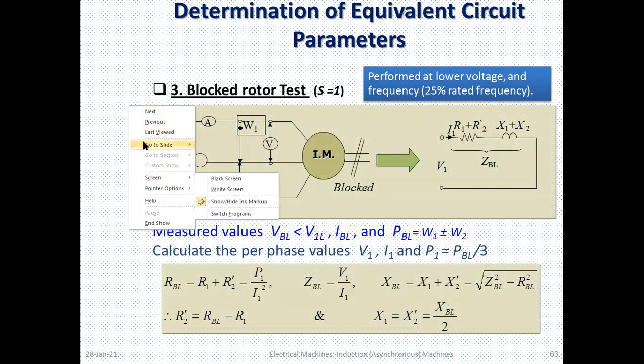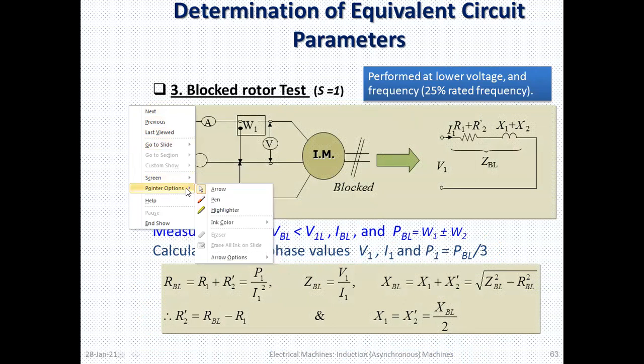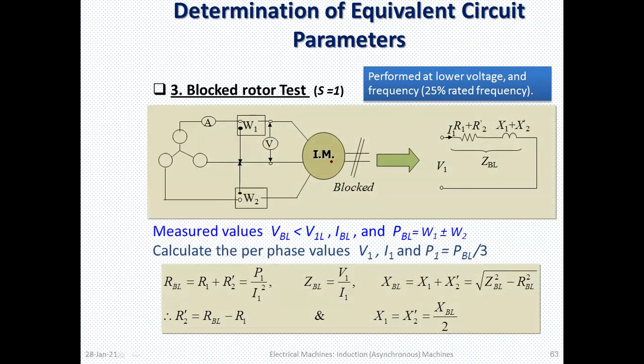In this method we can see very easily what we are doing. It is a blocked rotor test, which means the rotor is blocked and not allowed to run by putting an external load on the rotor. So the speed of the motor or rotor will be 0, so slip will be 1.